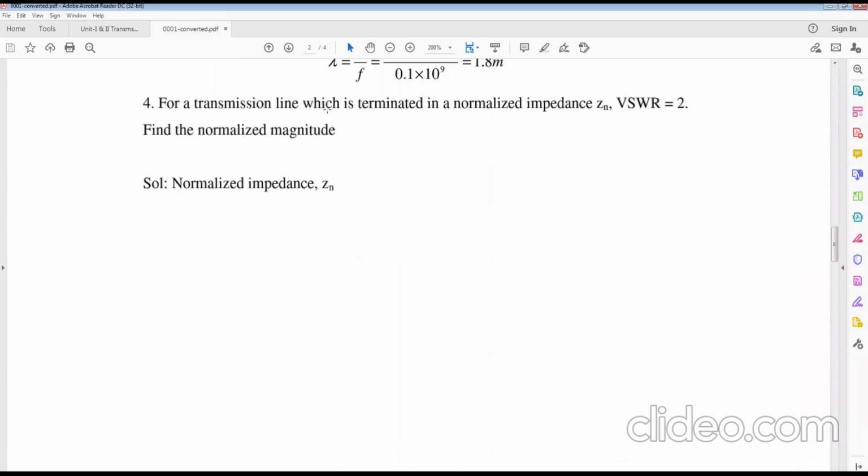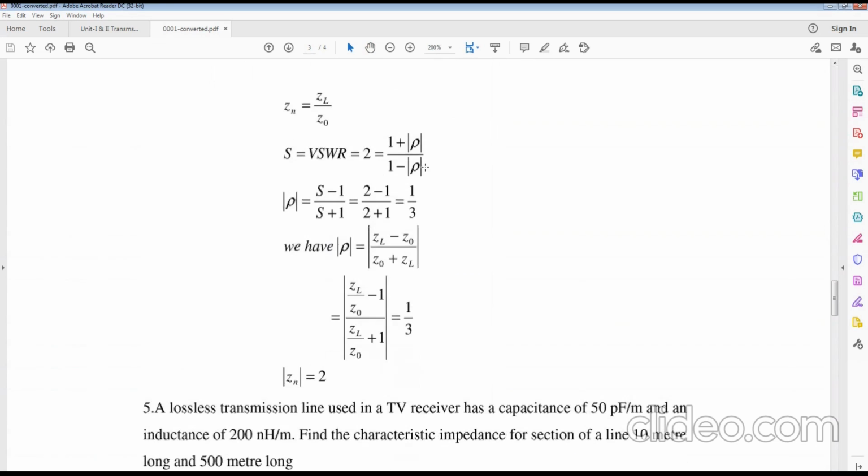Then another example for the transmission line which is terminated for the normalized impedance Zn. The voltage standing wave ratio is 2 is given. Find the normalized magnitude. The formula is there, Zn is equal to ZL by Z naught.